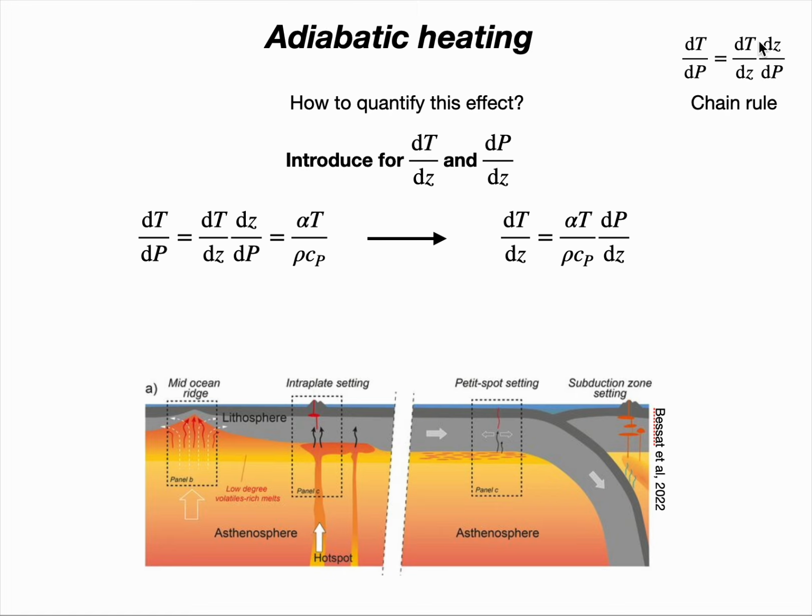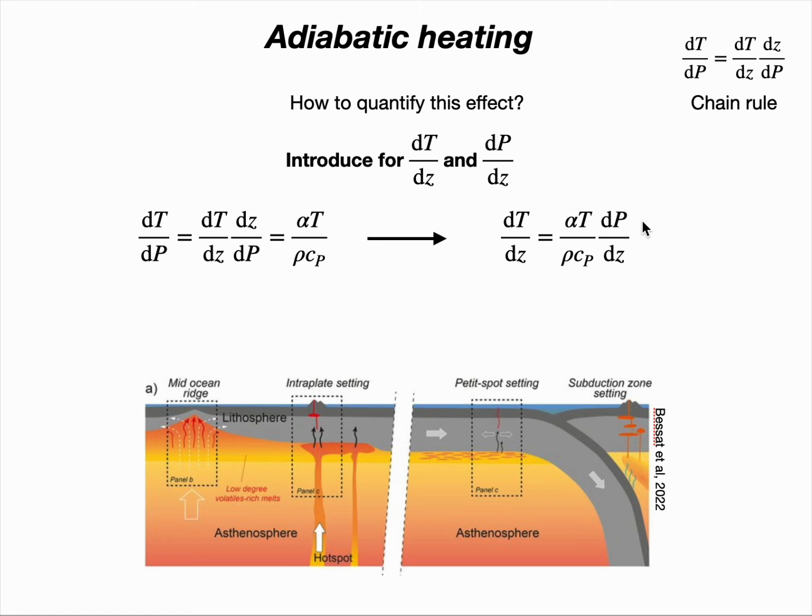So we formulate this and substitute it in the expression. So dT/dP, which is dT/dz dz/dP, is equal to alpha T over rho Cp. Let's solve for dT/dz. So we bring the dP/dz to the right hand side. We divide it by dz/dP, which makes a multiplication by dP/dz.